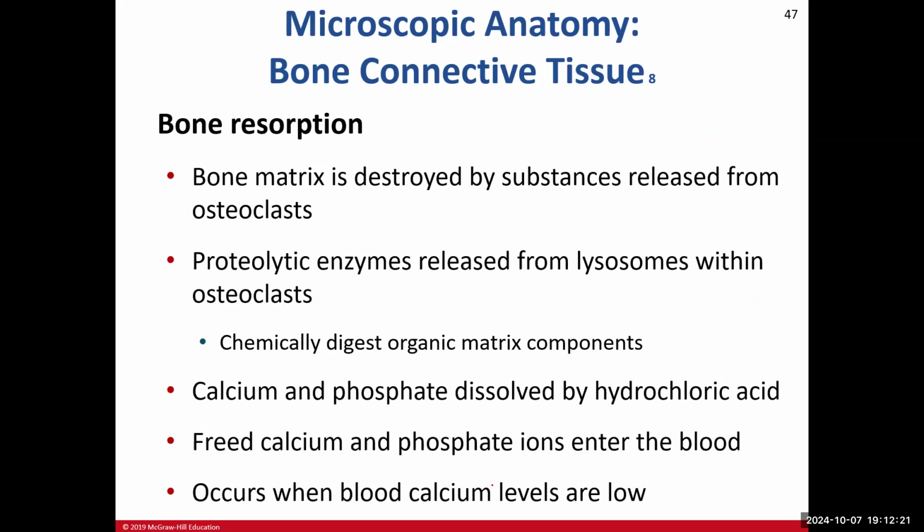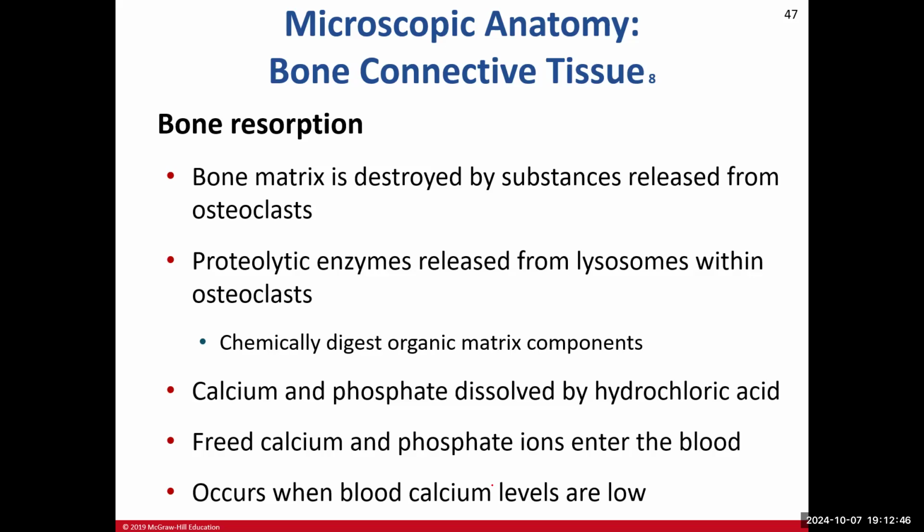Now let's talk about the destruction of bone, or bone resorption. That involves a different type of cell, the osteoclast. The osteoclast cell is going to produce what we call proteolytic enzymes, which are produced by our famous lysosomes.